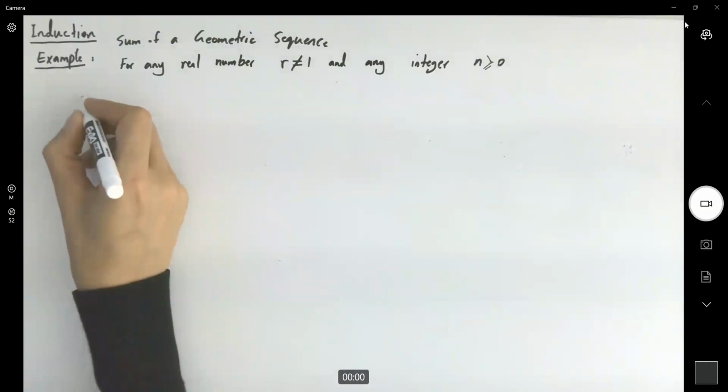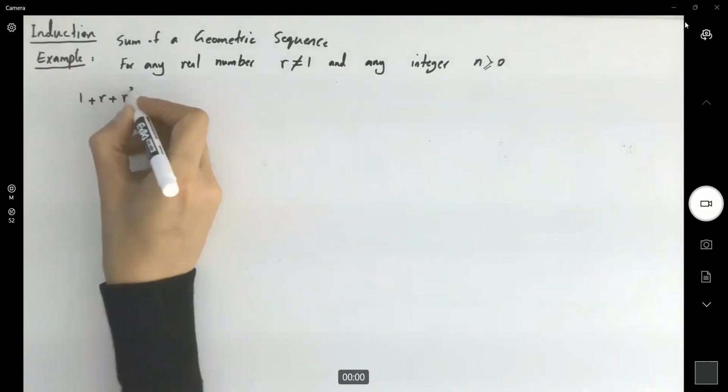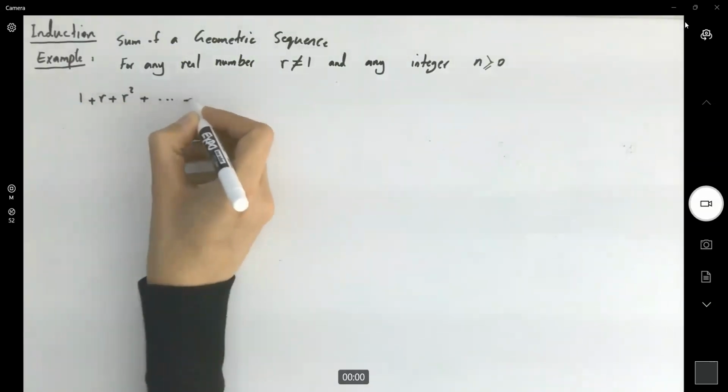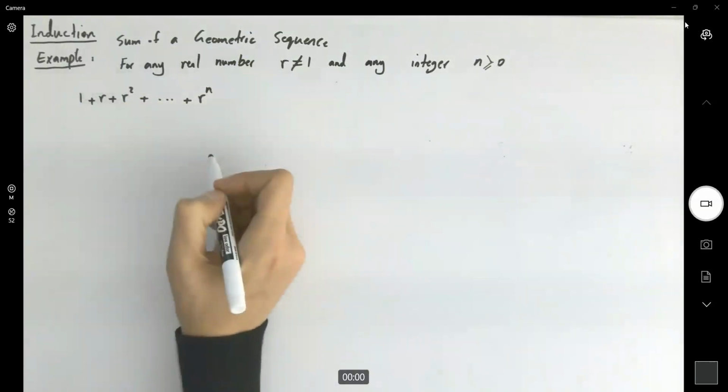This formula says, if you take 1, add r to it, add r squared to it, and the rest of the terms, and you're interested in adding these terms together.